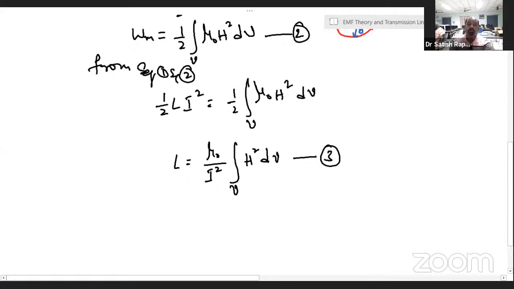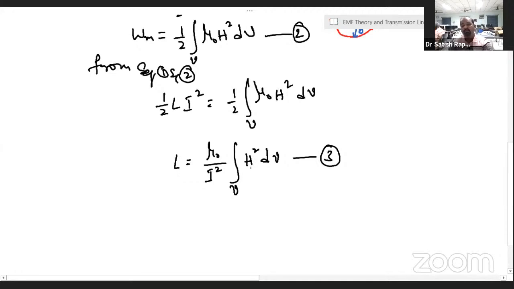Mu naught is a constant that can be taken outside the integration. Therefore we need to determine the magnetic field, substitute it in equation 3, integrate, and you will get the answer.